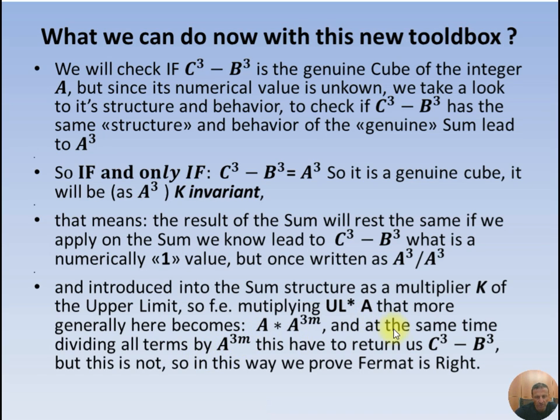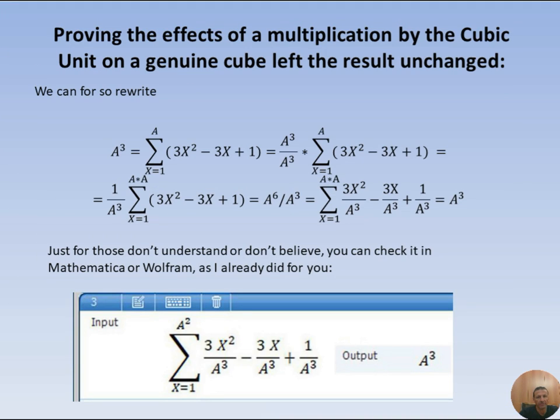This must return exactly c cube minus b cube. Sorry, here is an error. This must be a to the m. So what happened is that doing that, changing m, we will see we do not get back the same result, and this is why Fermat and Wiles are right, proving the effect of the multiplication by the cubic unit on a genuine cube leaves the result unchanged.